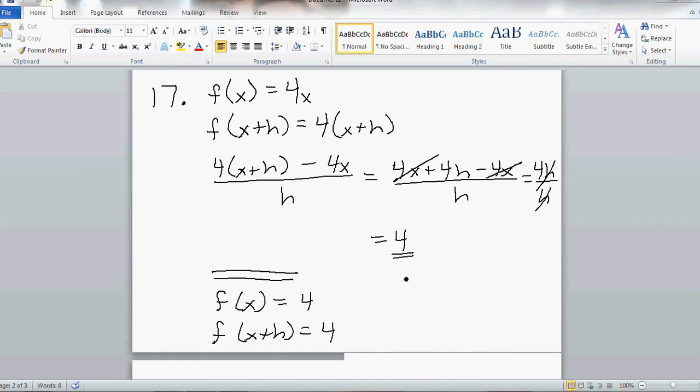So then putting the values in, f of x plus h minus f of x all over h. 4 minus 4 is 0 over h, which equals 0. Once again, knowing calculus, I could look at that and say, yes, the difference quotient is 0. Just like the difference quotient here, I can look at this and say that answer is 4. But realize you need to really get into calculus before you know that nice little tidbit of information.